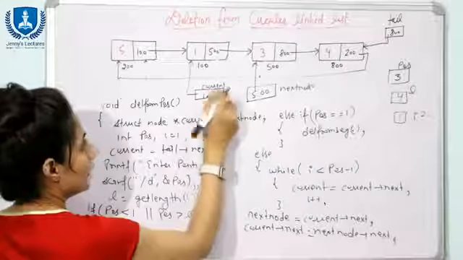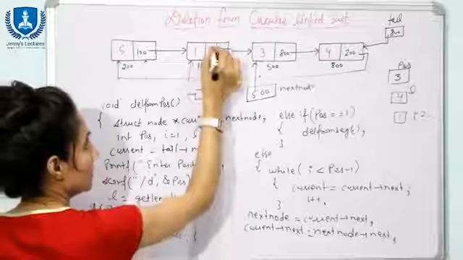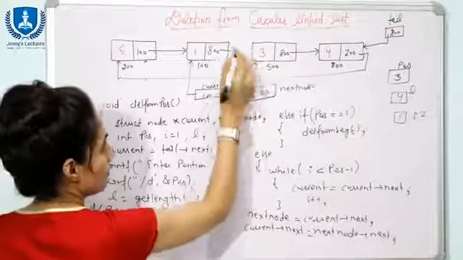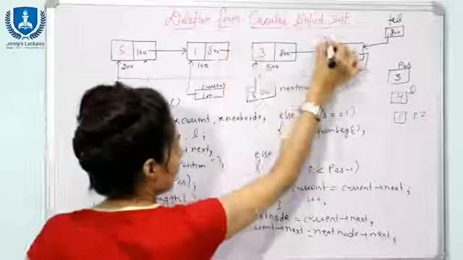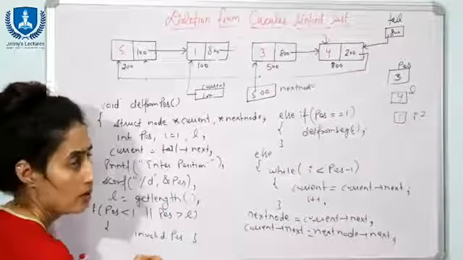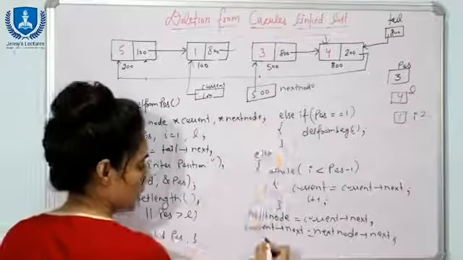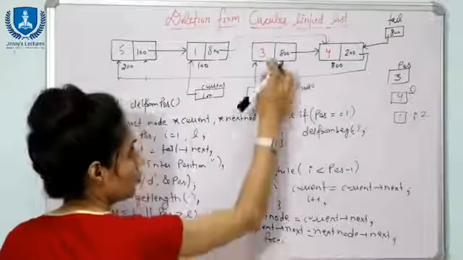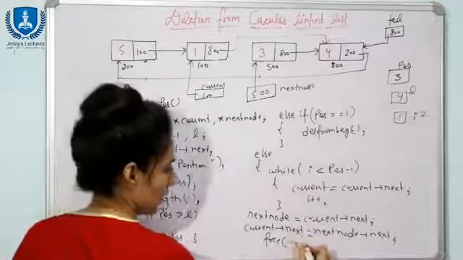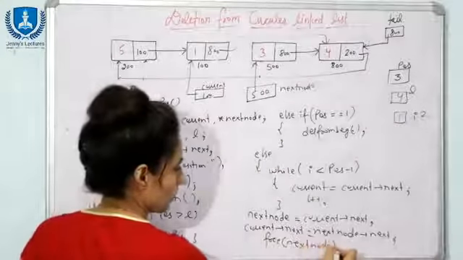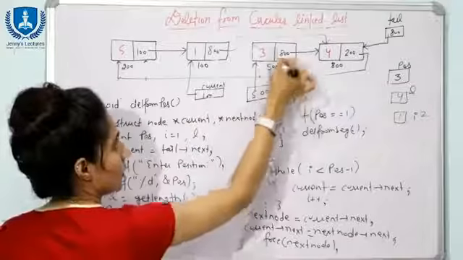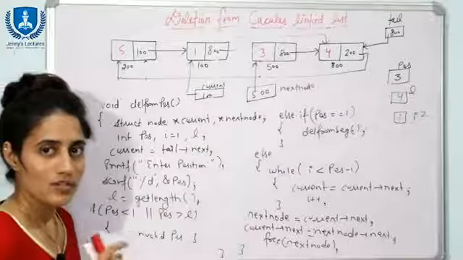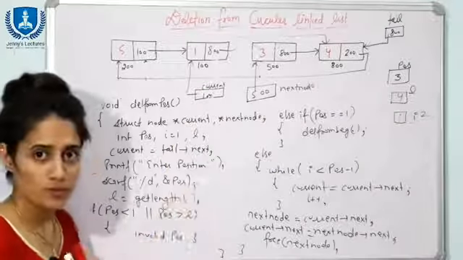Sorry, not in current of next. Here I have 800. So now this link is no more and this pointer is pointing to this node directly. And now you can free this memory. So here you can write free, and the pointer to this node is next node. So I can write free next node. This is how you can delete from a specific position.